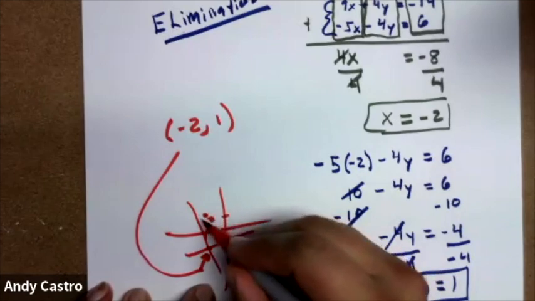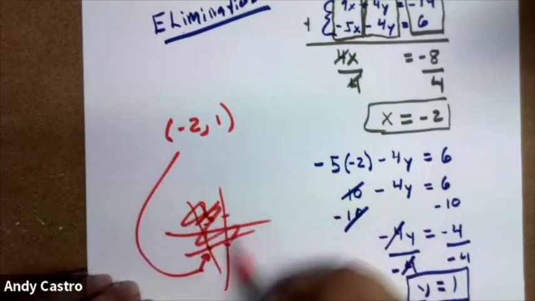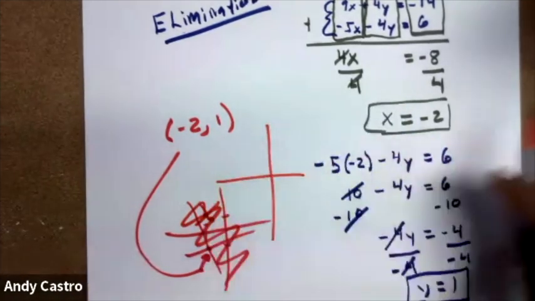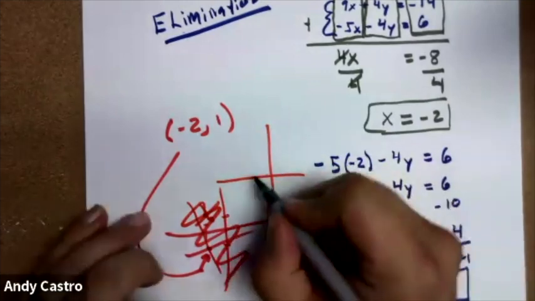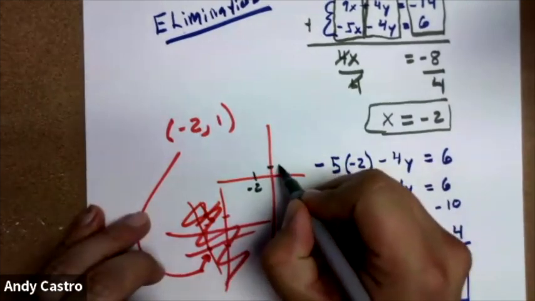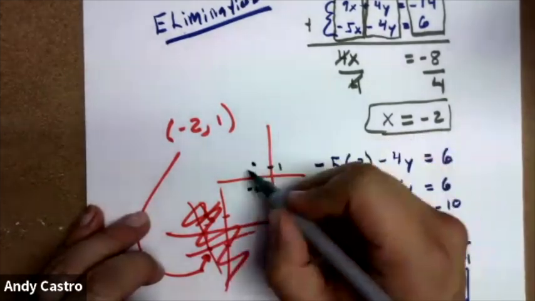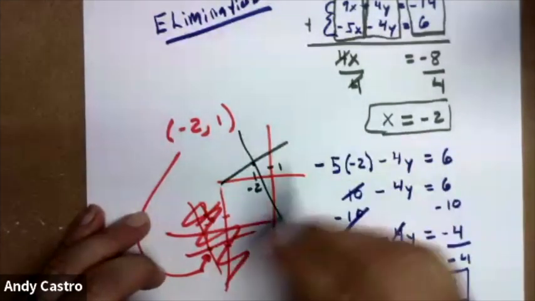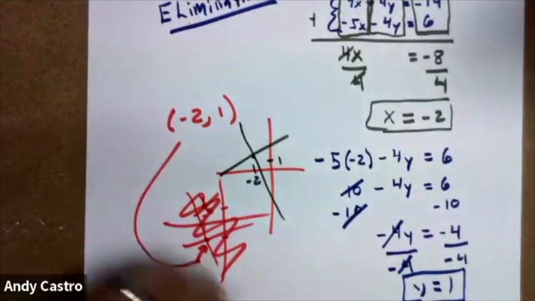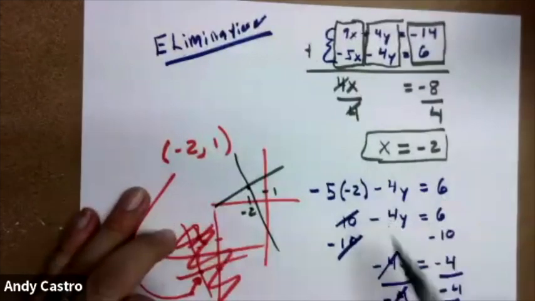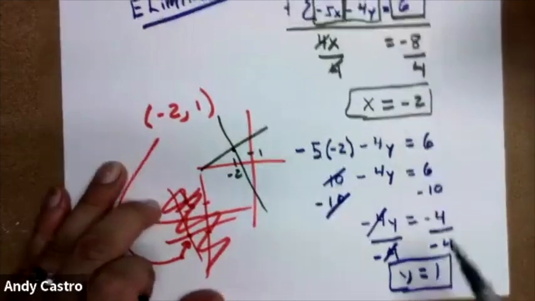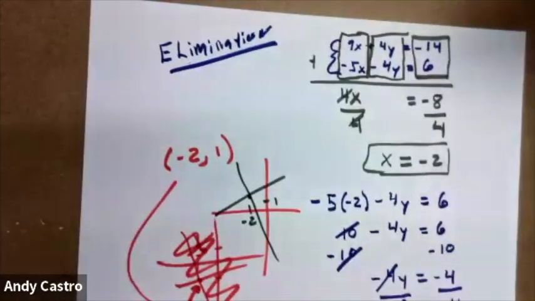Here's negative 2, and here's positive 1. I'm not sure that's even what the lines would look like, but I do know that at that point, both the x and the y work for both of those equations.